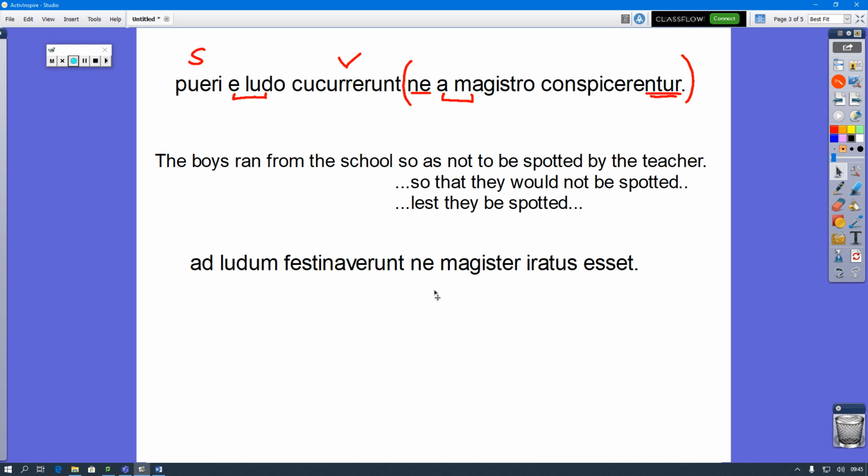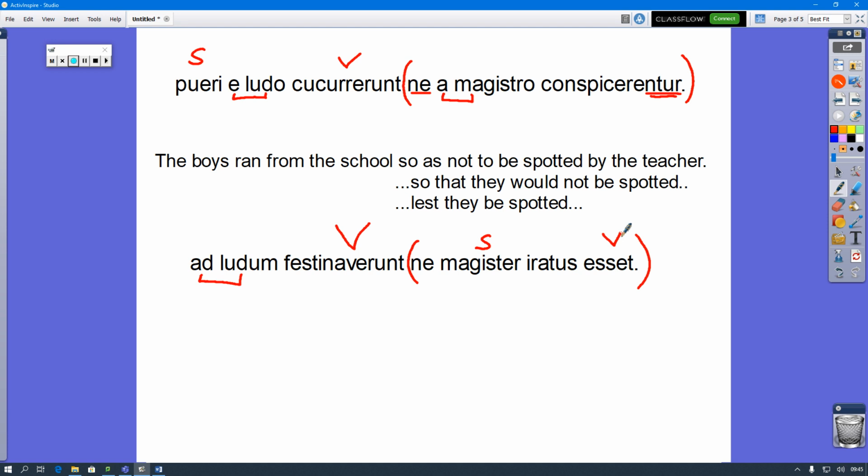Look at my second example. Well, let's put my brackets in. Ne to the subjunctive at the end. Let's see, I've got a preposition phrase at the beginning, so I'm going to start with a verb. They hurried to the school. Now the difference here is that I have a separate subject. I've got magister.